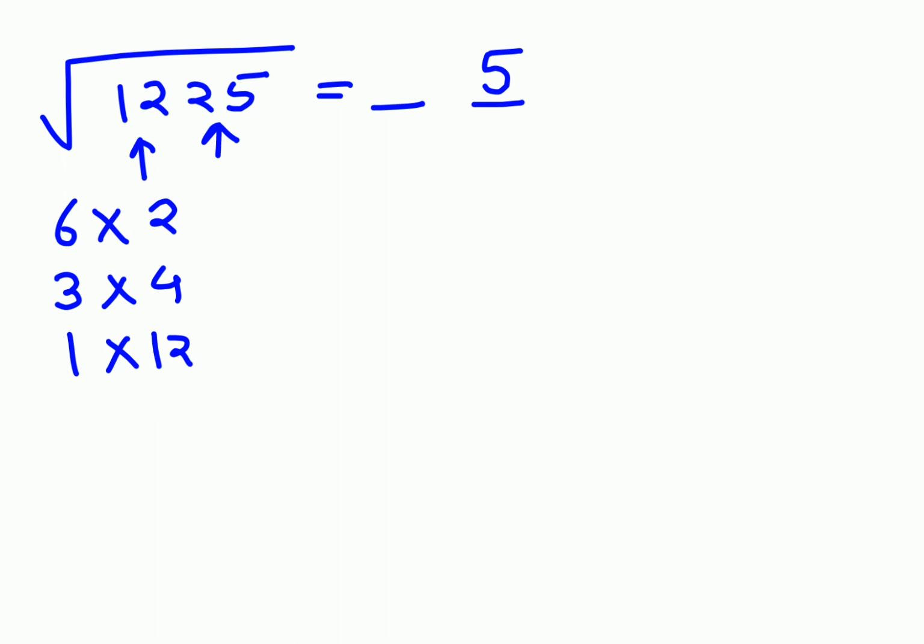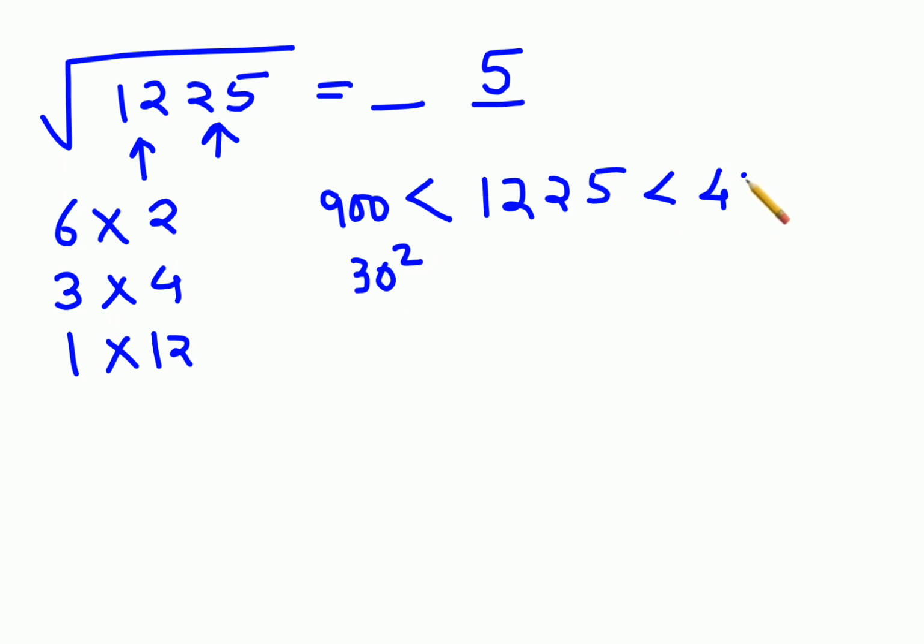Now please understand, 1225 is greater than 900, which is 30 squared, and it is smaller than 40 squared, that is nothing but 1600.